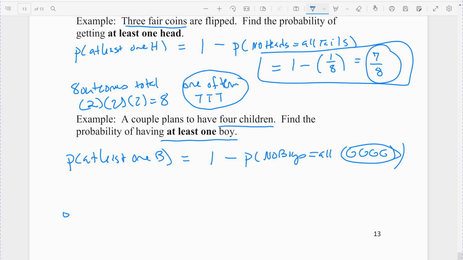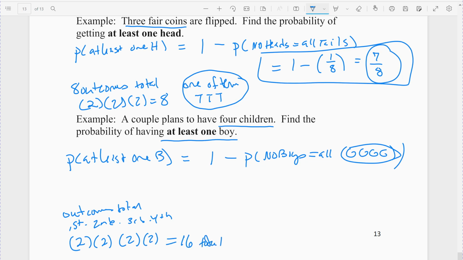So if I want to know how many outcomes total, well, for the first kid, first, second, third, fourth, there are two possible outcomes. Two possibilities on the first, two for the second, two for the third, two for the fourth. And so if you multiply those out, there are 16 total outcomes.